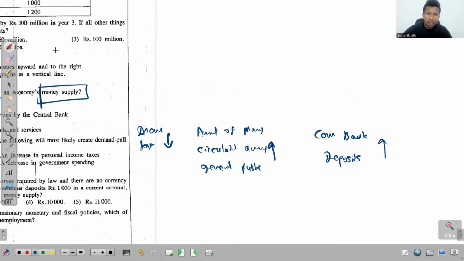So if you remember the definition, there are several definitions for money supply, but if you just look at the basic one, M1 money supply, this is about the currency in circulation among the general public plus demand deposits held in commercial banks. So what happens as a result of decreasing this income tax? Both these components of money supply increase.